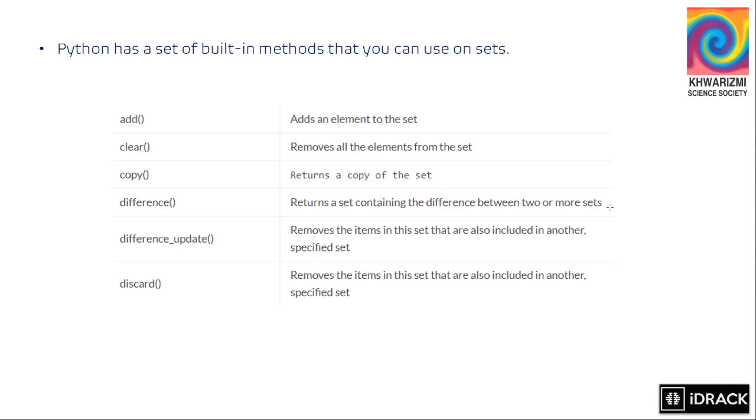So what it's going to return is only the differences. And difference update removes the items in the first set that are included in another set. So again, this takes in two sets as arguments, and it removes the items from the first set if it found them in the second set, or vice versa.